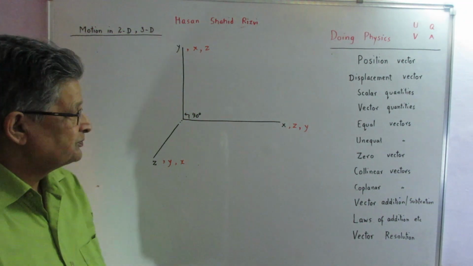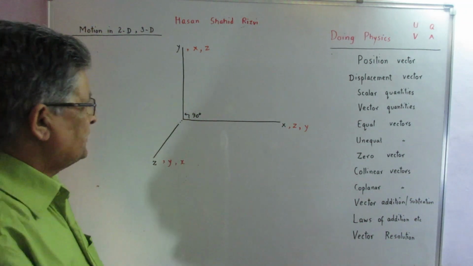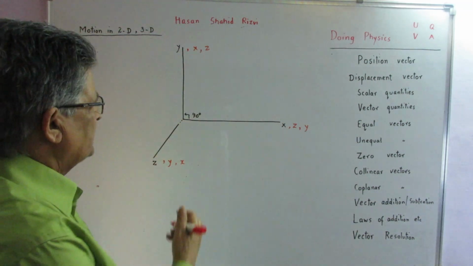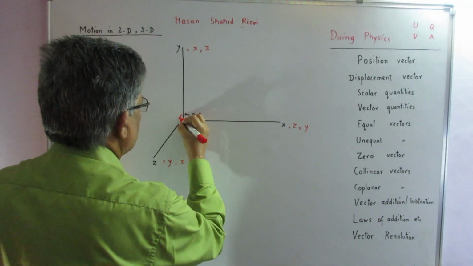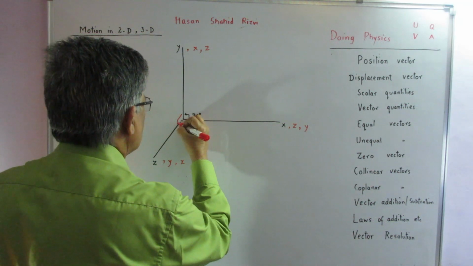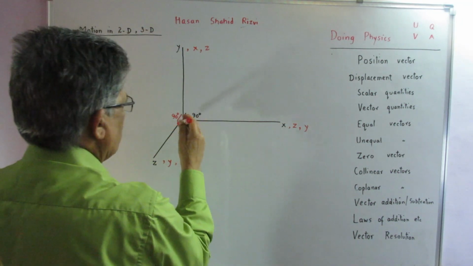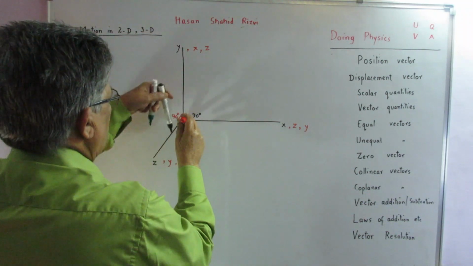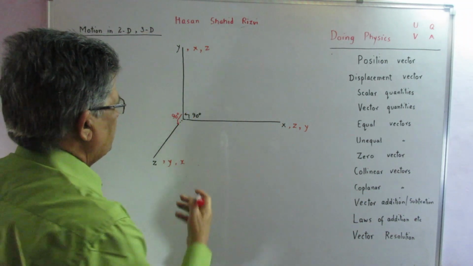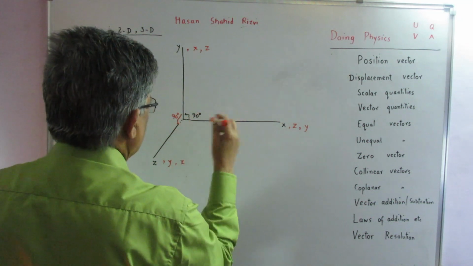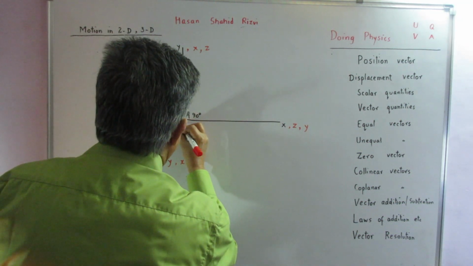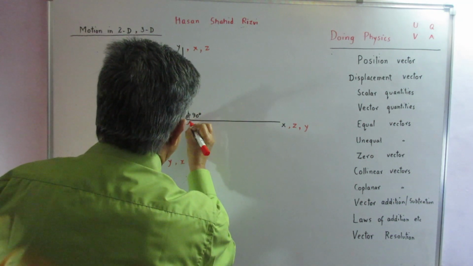We can rotate this and obtain that, but before that, I emphasize that this is also 90 degrees between the y-axis and the z-axis, and between this and this, the angle between the two of them is also 90 degrees.